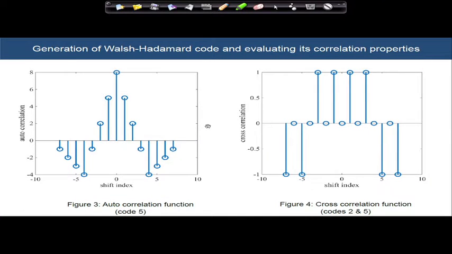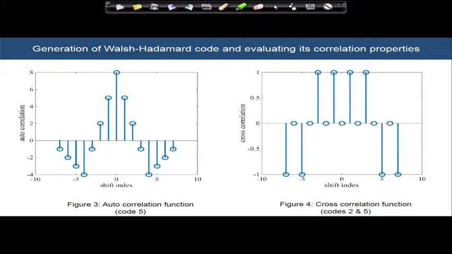And just to summarize, codes with good autocorrelation properties like PN sequences and Barker sequences can be used for synchronization, whereas codes with good cross correlation properties, like in this particular case, can be used in order to discriminate between multiple users in a spread spectrum communication system.